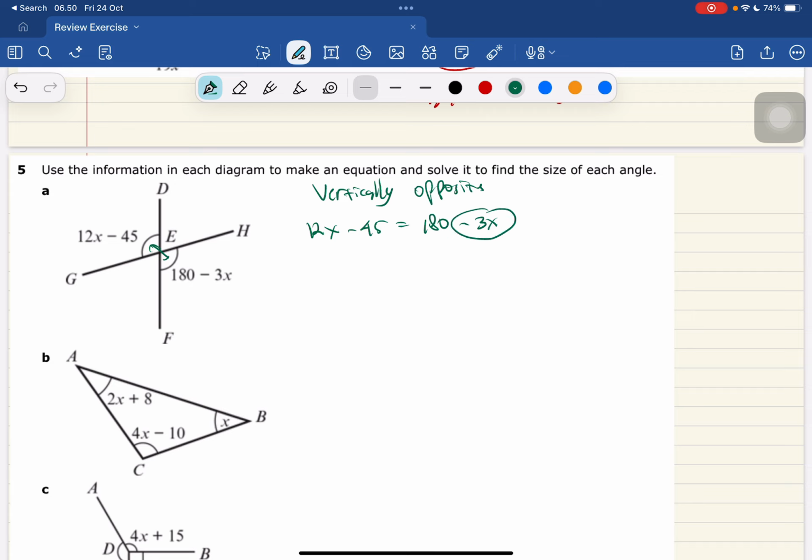The smaller is minus 3x, so we plus 3x to make it disappear, on both sides. So 15x minus 45 equal to 180. Here we can plus 45, and we have to do the same thing to the right side.